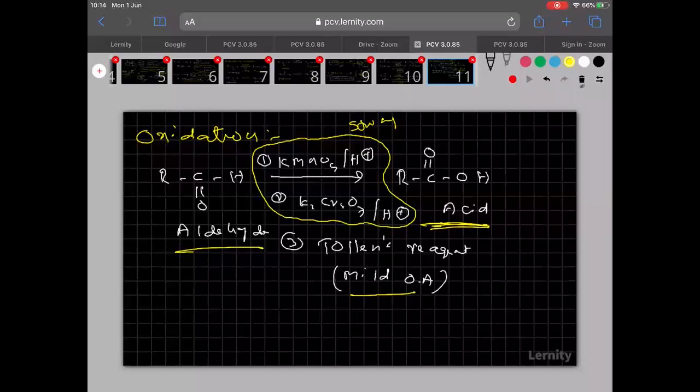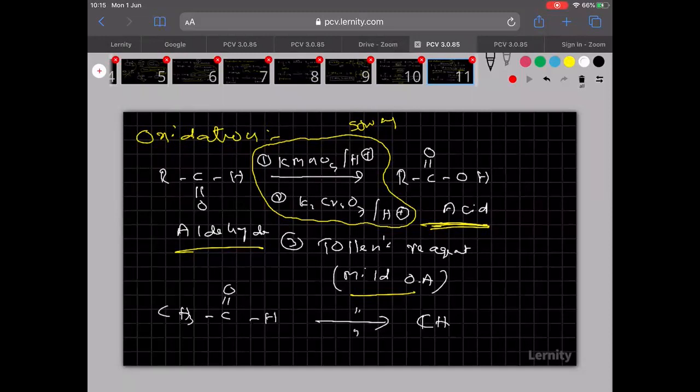I hope you are able to understand this one. Clear? Let us take one example here to make it understood well. So CH3-CHO, when it undergoes oxidation with any one of the oxidizing agents I mentioned above, what is the product formed here?